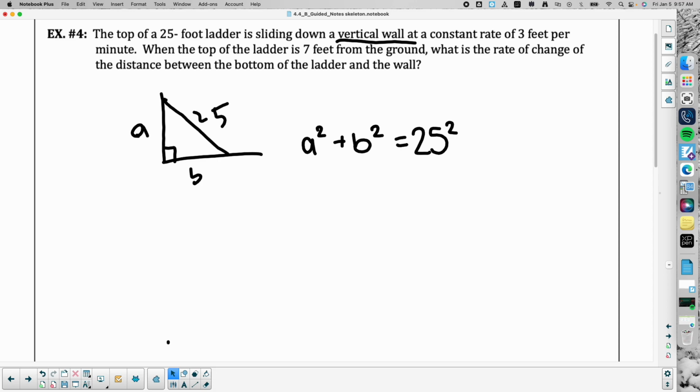B. Bottom of the ladder. Yep. Top of the ladder and the wall. Yeah. So it's asking us to find the derivative of the distance between the bottom of the ladder and the wall, which is called B. It's asking us to find the derivative of B. So it's what is dB dt?